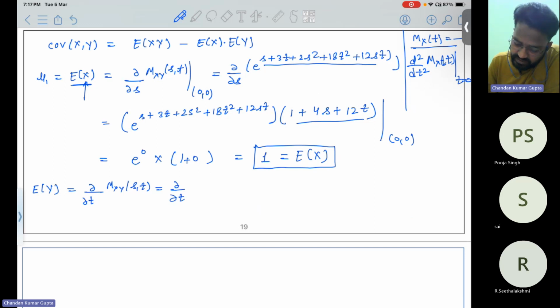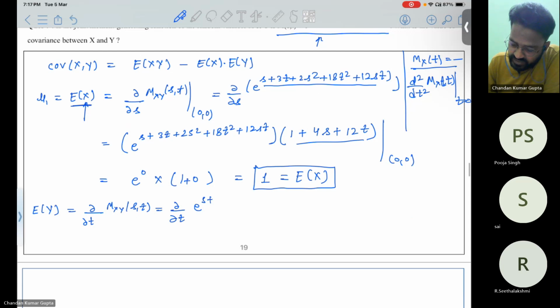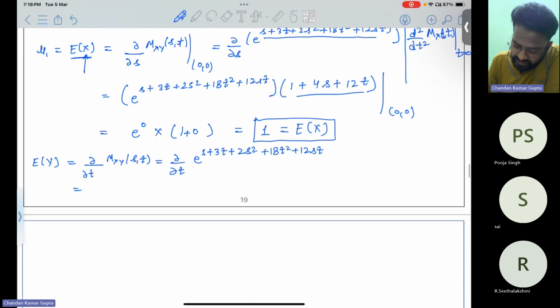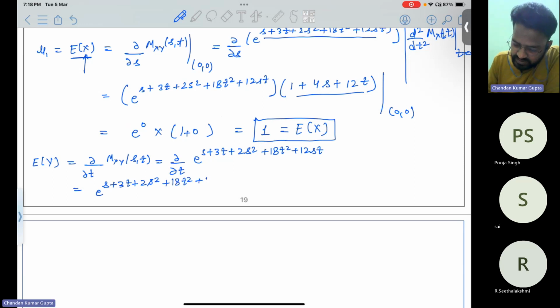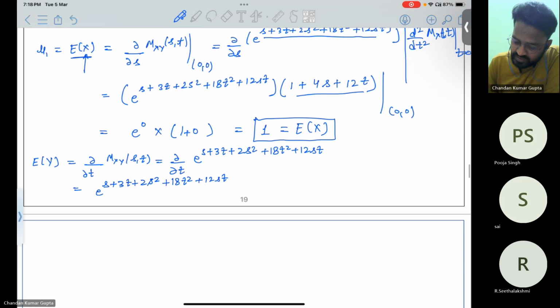Del by del t of e to the power s plus 3t plus 2s square plus 18t square plus 12st. When we differentiate this, we will get e to the power the same thing, s plus 3t plus 2s square plus 18t square plus 12st.